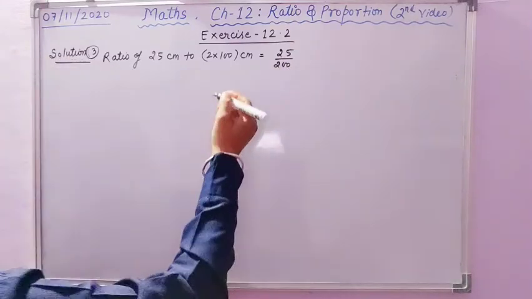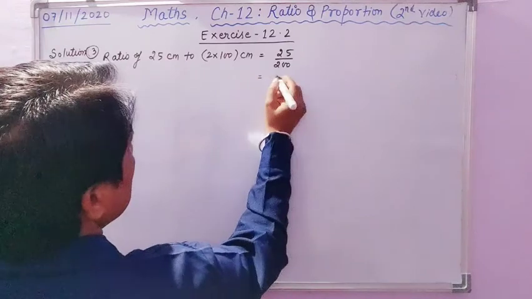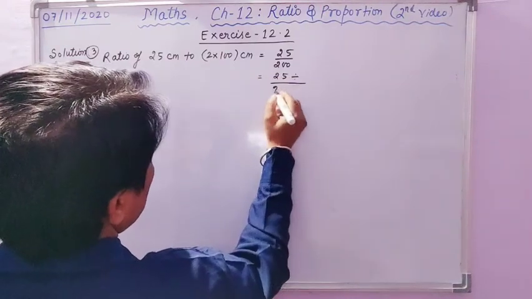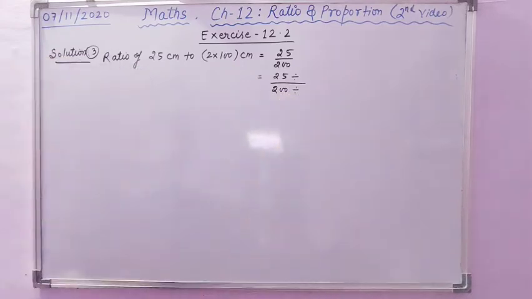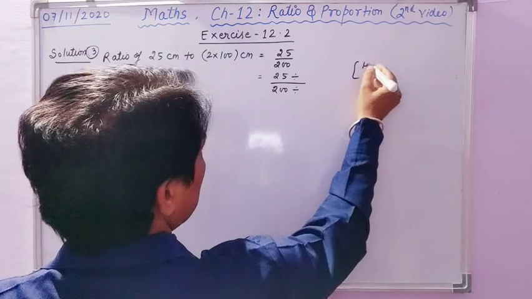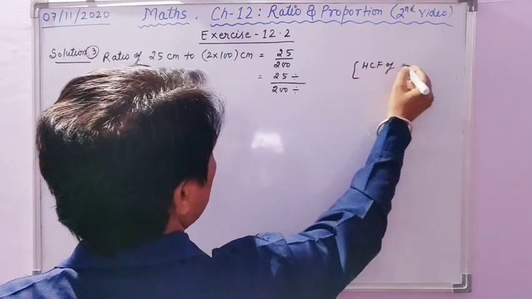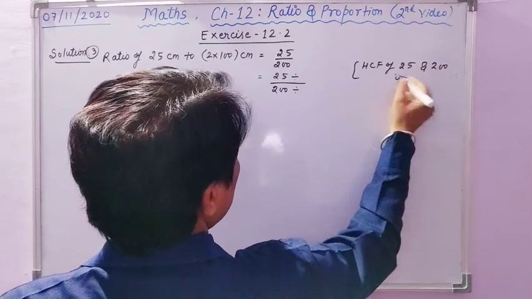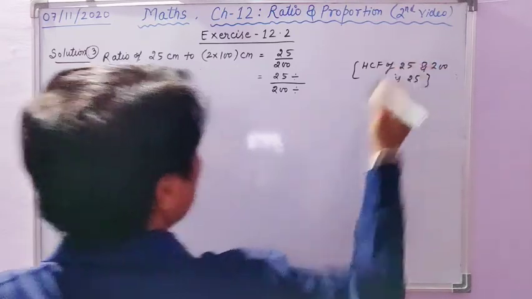Now 25. Students, the HCF of 25 and 200 is 25.